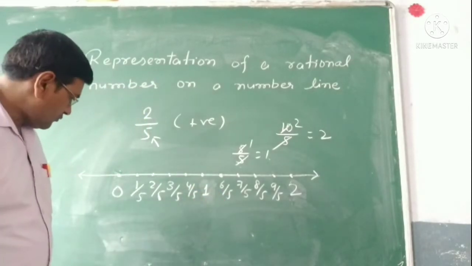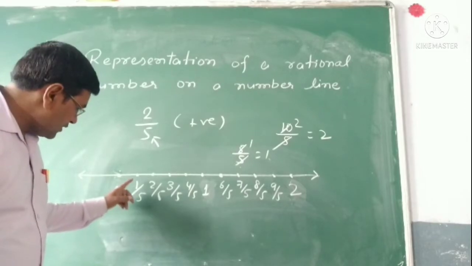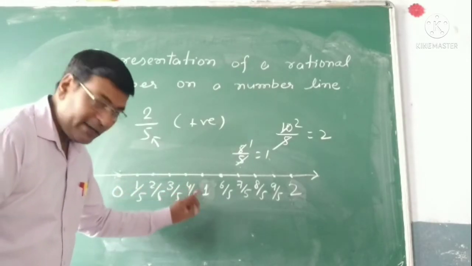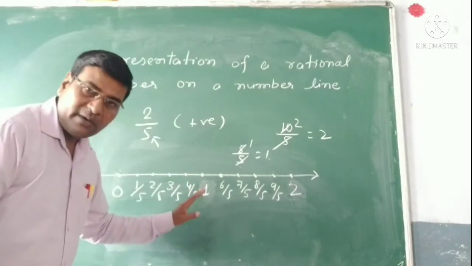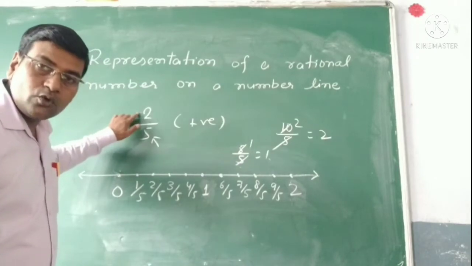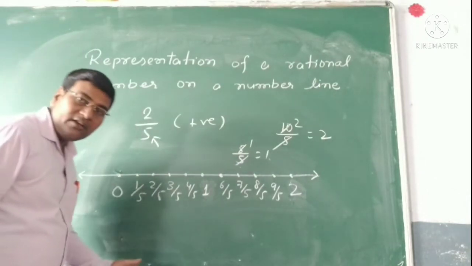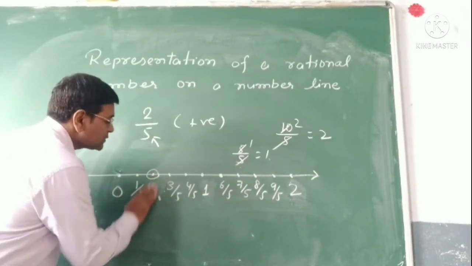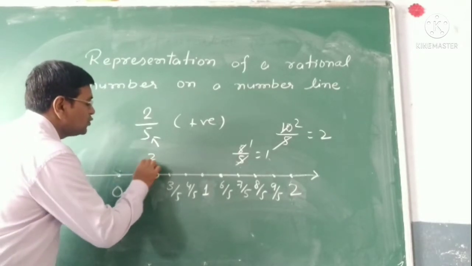You can write like this: 1 by 5, 2 by 5, 3 by 5, 4 by 5, 5 by 5. In place of 5 by 5, we write 1. What was the question? 2 by 5. Where is it? It is here. This point represents 2 by 5.